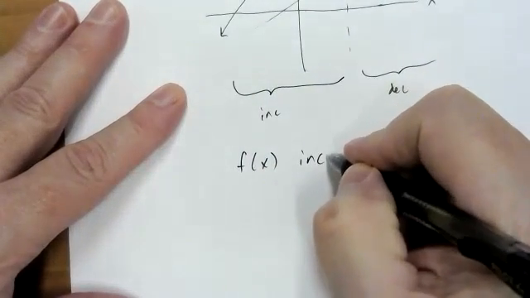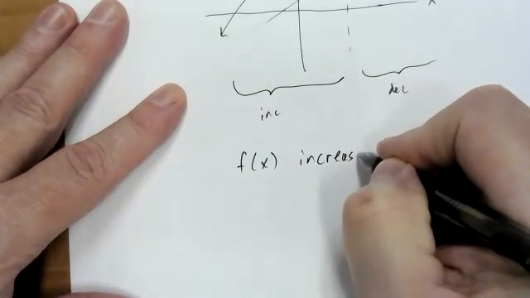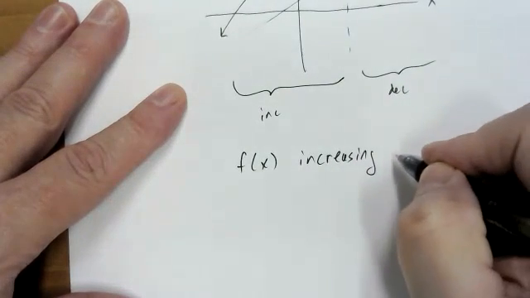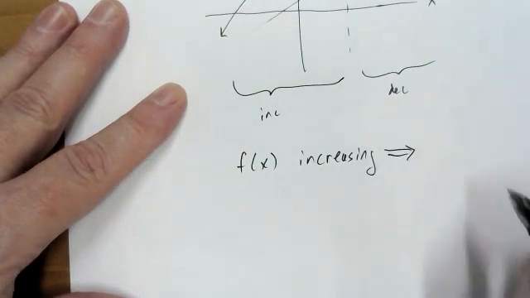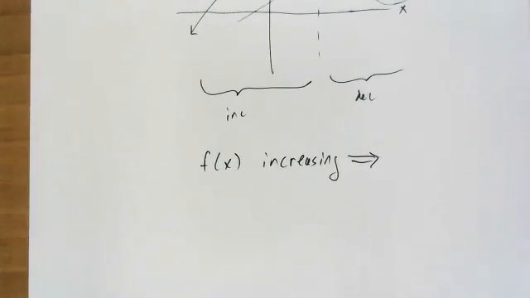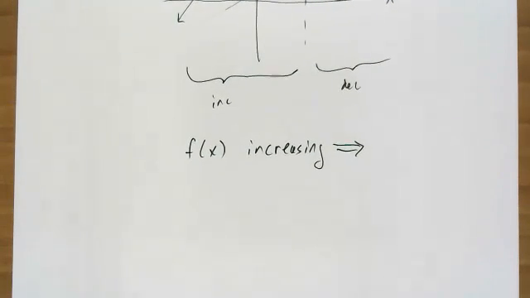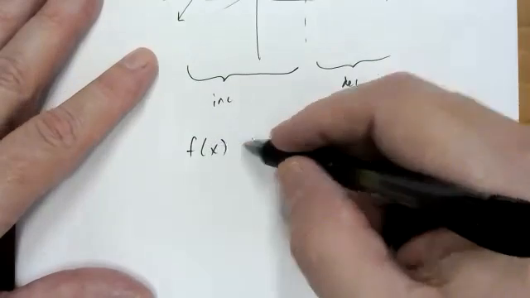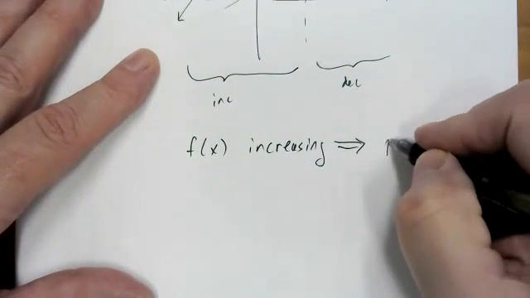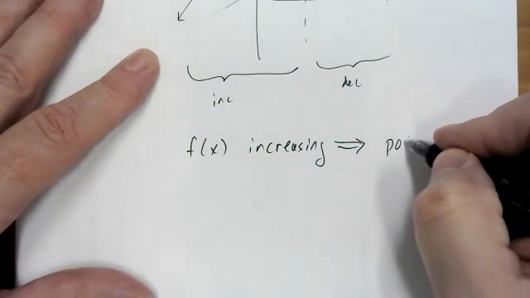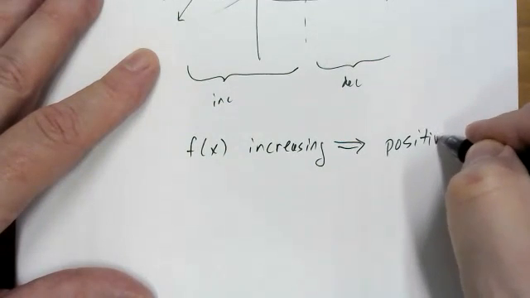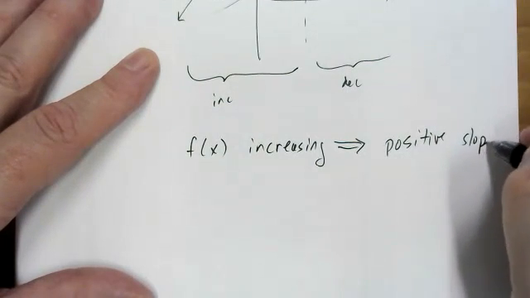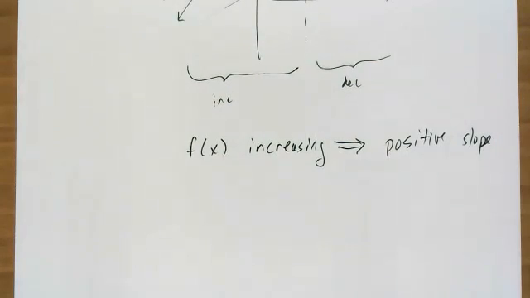If you're asked about the function increasing, another way to say that, with the exact same meaning but different words, is where do you have a positive slope?